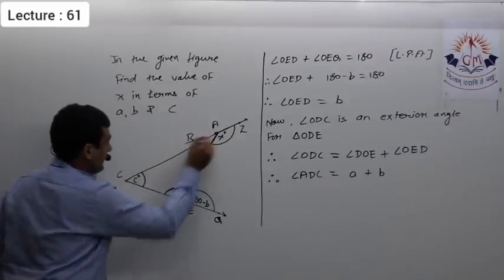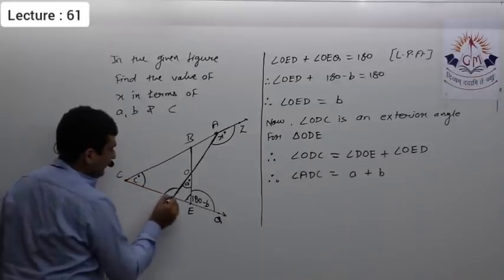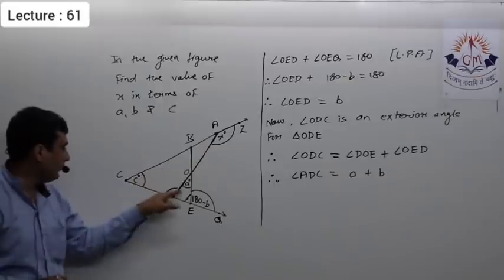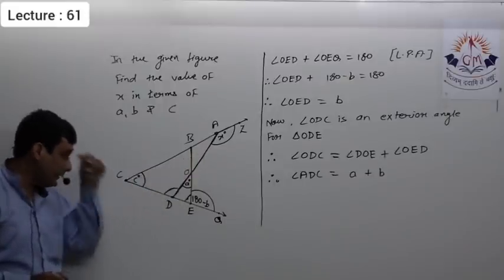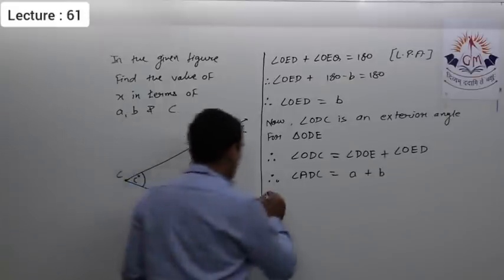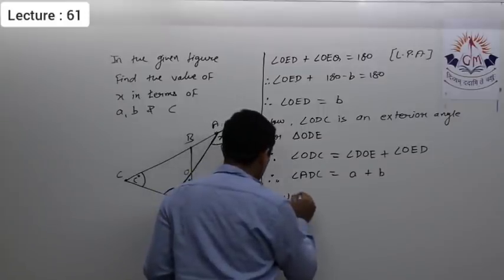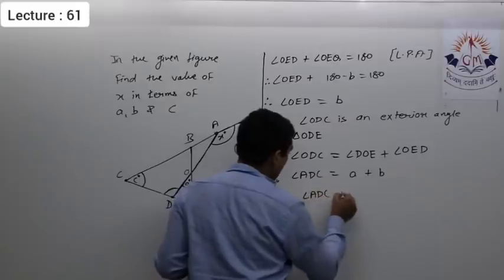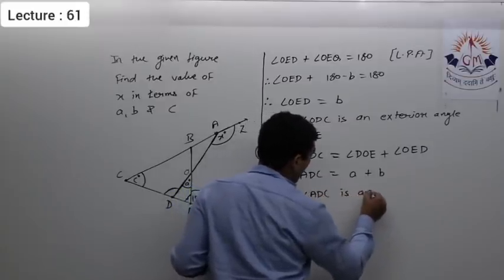Now in triangle ACD, x is an exterior angle, so I can say x is equal to c plus ADC.